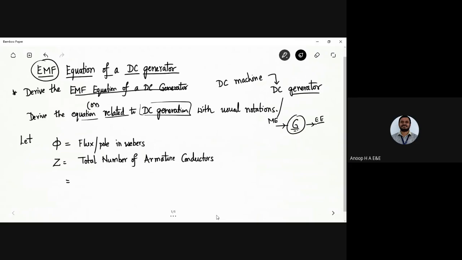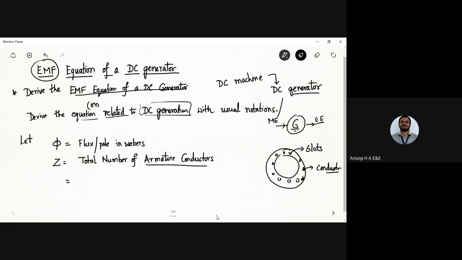Now, in a machine, I'll be having slots. If I have slots like this, these are slots which are equally placed with respect to each other, and each slot will have a conductor.